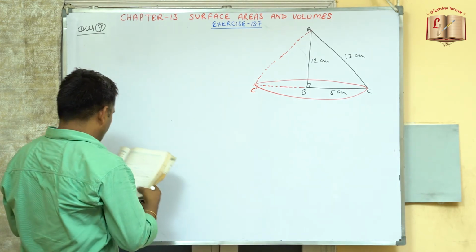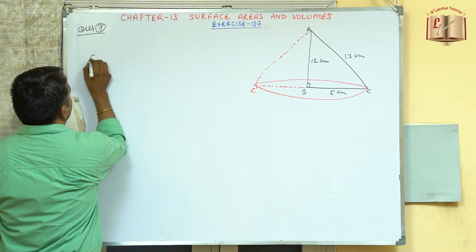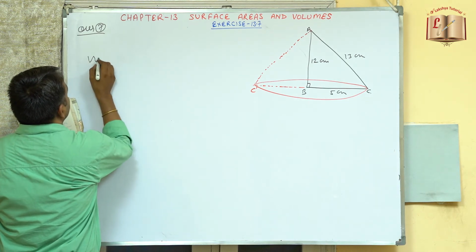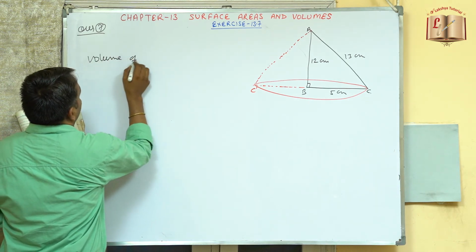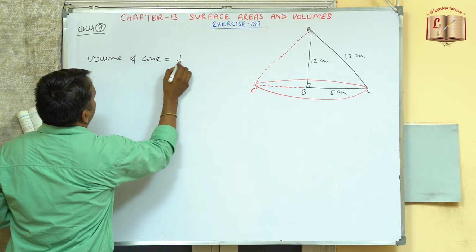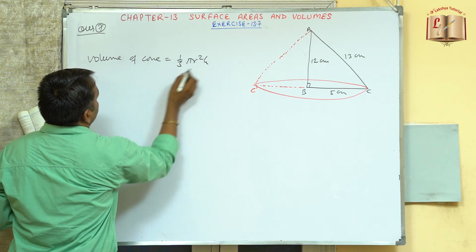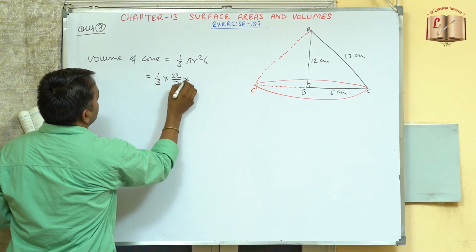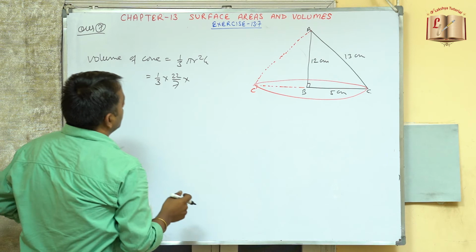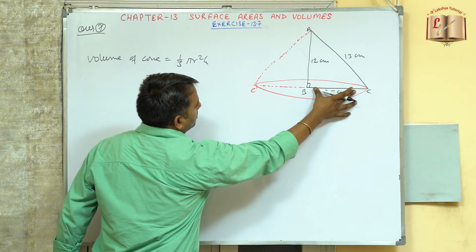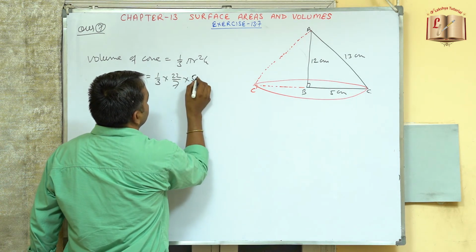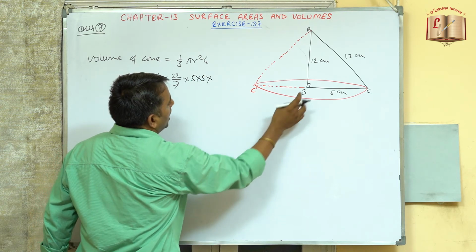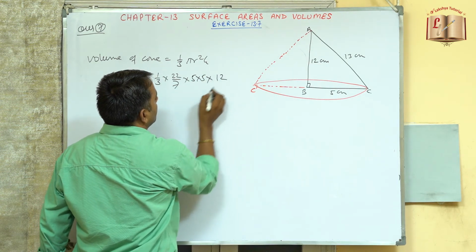So now we can find out the volume. So volume of cone will be 1 upon 3 pi r square h. So this is 1 upon 3 into 22 by 7 into, now r is the radius, so radius is 5 centimeter. So this is 5 into 5 into height, this is the height now 12.